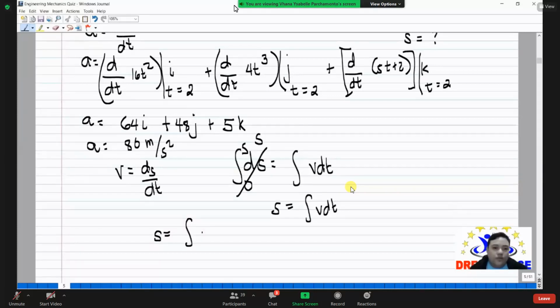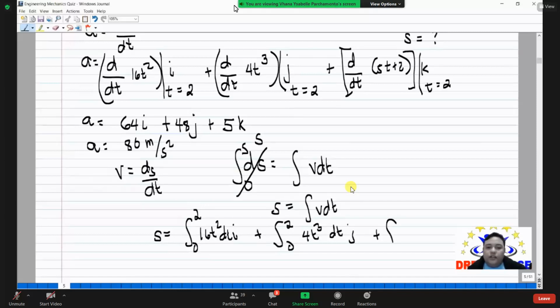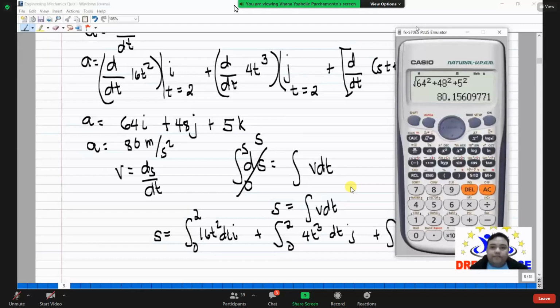So s is equal to integral from 0 to 2 of 16t squared in the i direction plus integral from 0 to 2 of 4t cubed dt in the j direction plus integral from 0 to 2 of 5t plus 2 dt in the k direction. Naka 3D kasi siya.